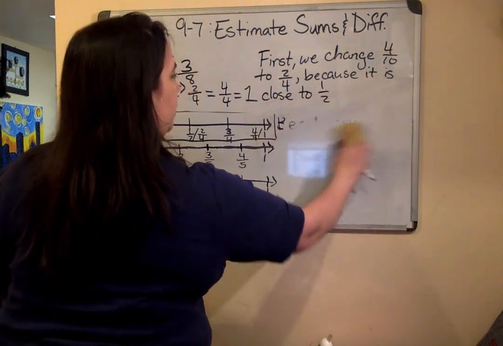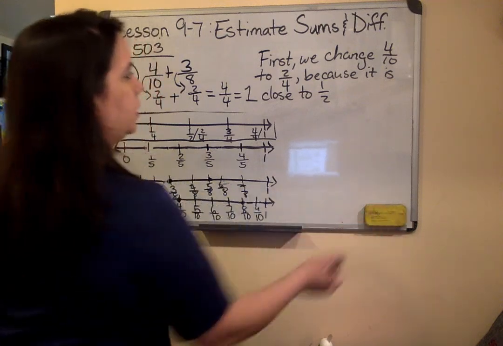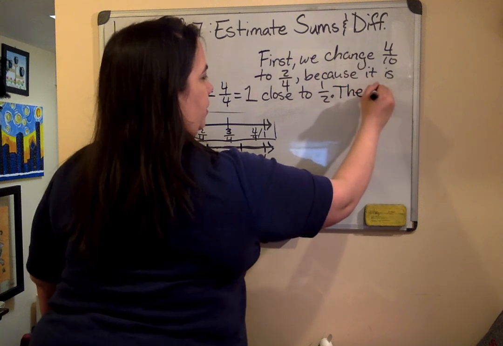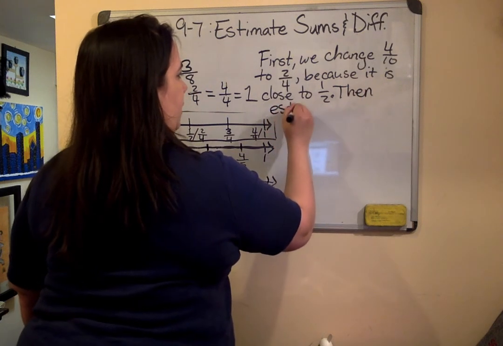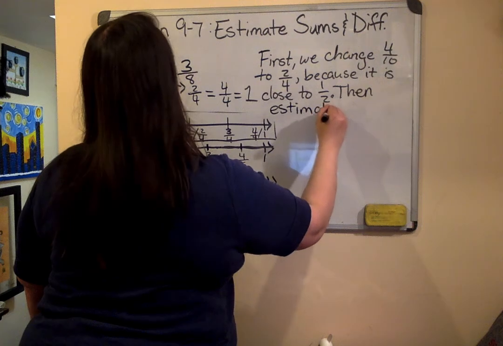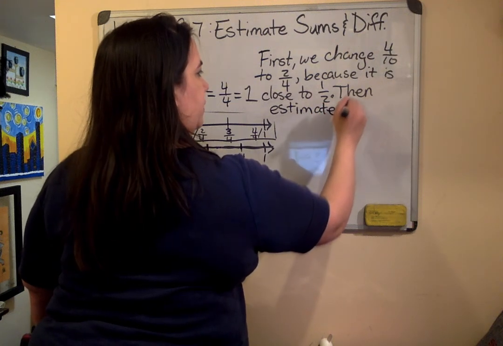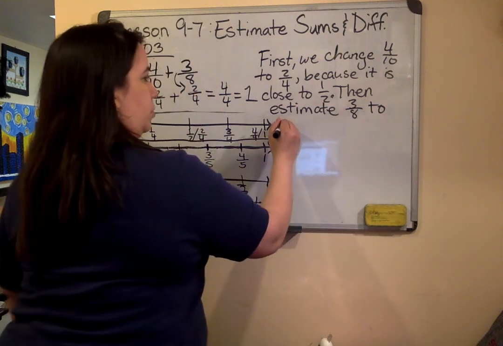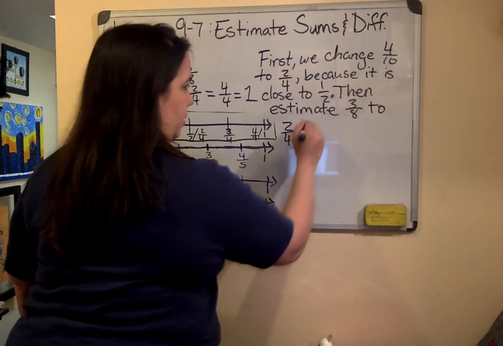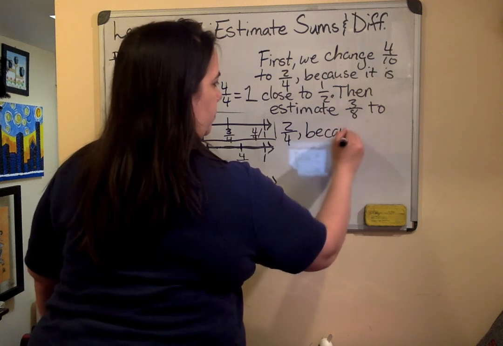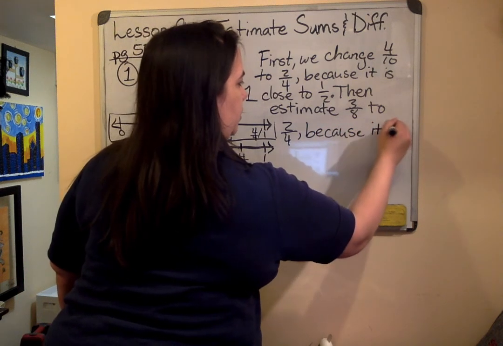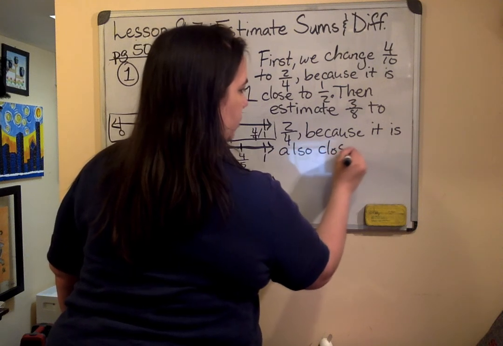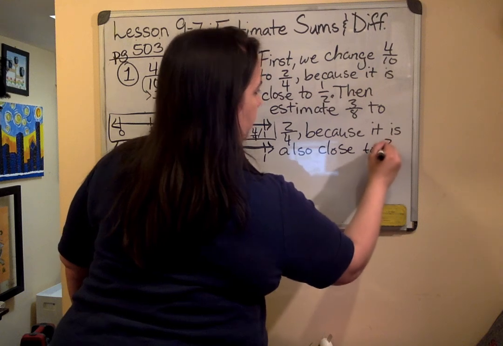Erase this so we have room to write. And then we estimate 3/8 to 2/4 because it is also close to 2/4.